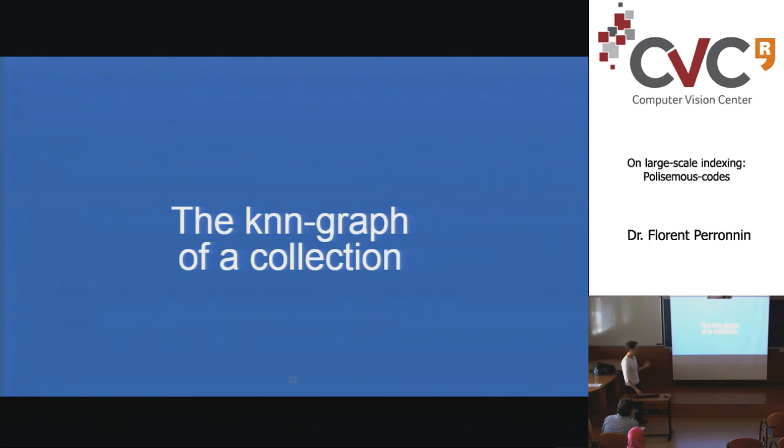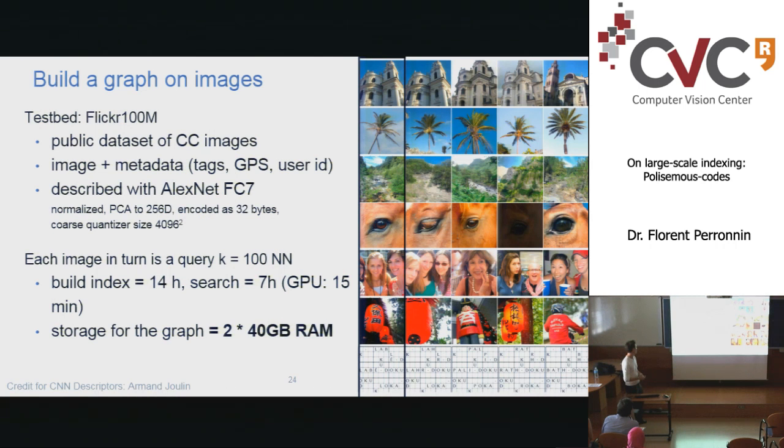So now that we have this very efficient tool to compute distances, we can build graphs on images. Here as a test bed we use a public data set, the Flickr 100 million data set. It's a public data set of Creative Commons images. You have the image plus the metadata, type, GPS, user ID.